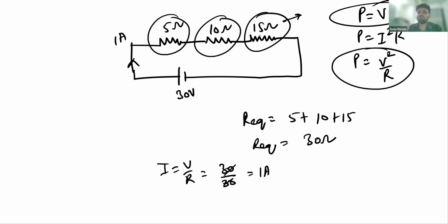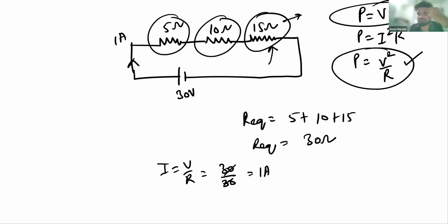So which formula you will use? You will use the I square R. Now you can use the V also, but you need to calculate how much voltage is reaching to this one. Then you can use this formula if you are able to calculate the voltage that is reaching to this resistor.